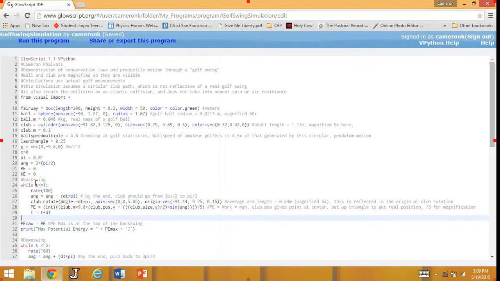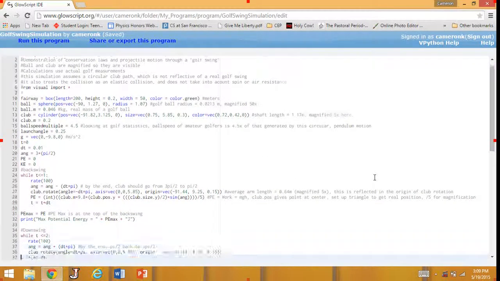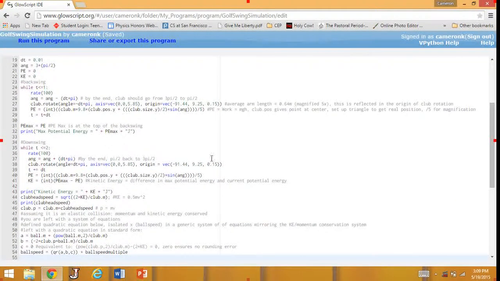So once that loop ends, it should be at the top of the backswing, where potential energy is greatest, so I set potential energy max to the potential energy at that moment, and I'm printing it. And so the next loop is going to be the downswing, which is essentially the same code as the backswing.